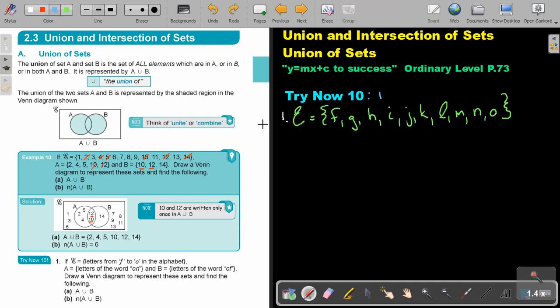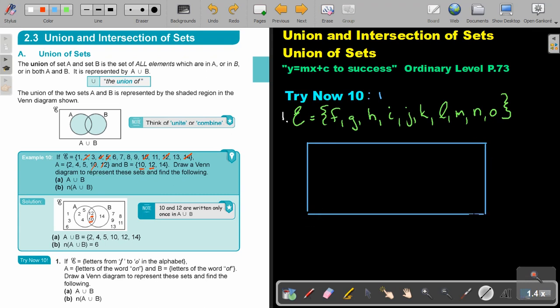So if I draw a Venn diagram, this is going to be A and B. But now, what is repeating?